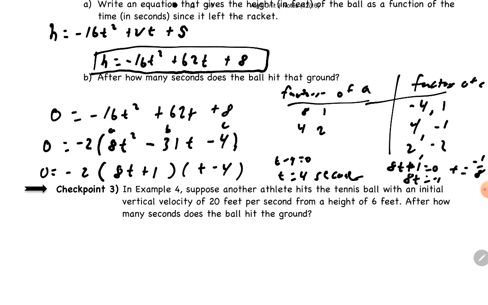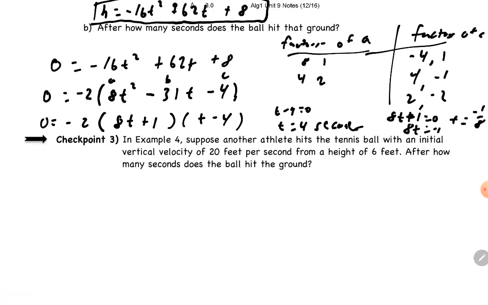In example 4, suppose another athlete hits the tennis ball with an initial velocity of 20 feet per second from a height of 6 feet. So we're just doing the same equation again, negative 16t squared, but this time we have plus 20 feet per second and from a height of 6.